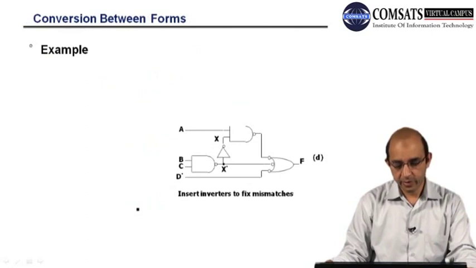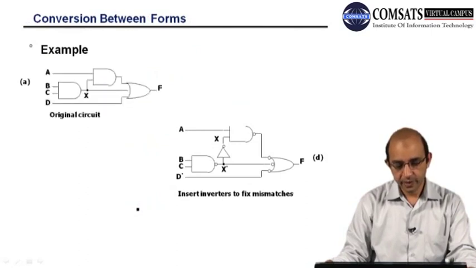Let's have an example. We have the original circuit, and then we will push the bubbles. These are the two bubbles. Here you can see that this bubble is having an impact over here, and then we have two bubbles.